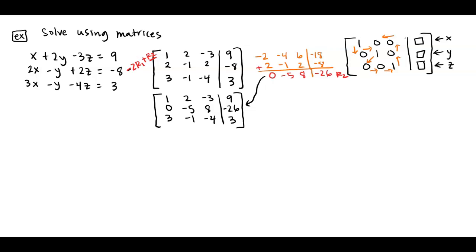So I'm going to take my row 2 and multiply by the reciprocal of -5, so that would be -1/5 times my row 2, so that I can get a 1 there in the very center. That's the next thing I'm trying to do. And when I do that, again, my row 1 and my row 3 didn't change.